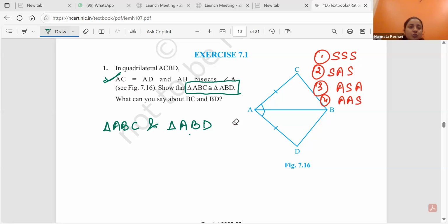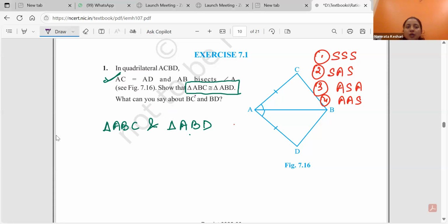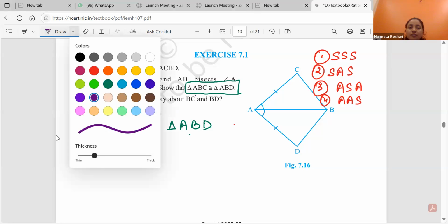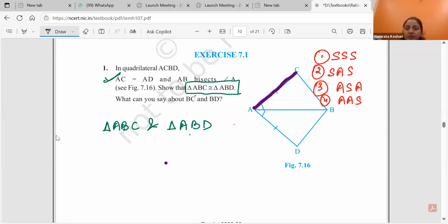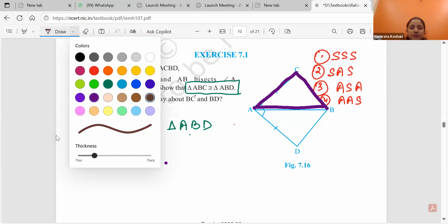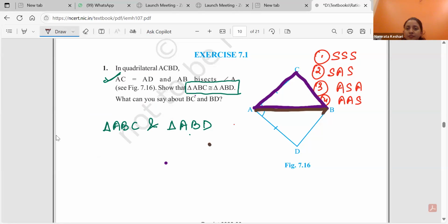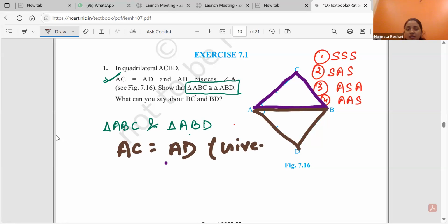We are talking about which two triangles? Your focus should be on your triangles. Here we are talking about triangle ABC and triangle ABD. AC side in the purple triangle is same as AD side in this brown triangle. So AC over here is same as AD over here. It is already given in the question. I am not saying it myself.